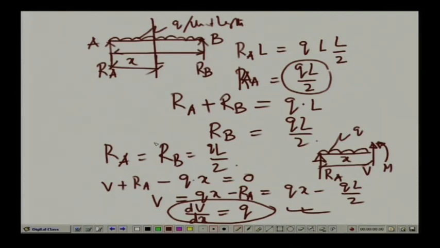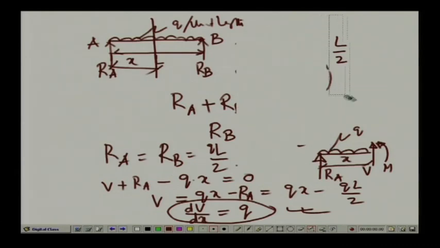Now, if we compute the moment at this particular point, let us remove this. If we compute the value of the bending moment, taking moment about this particular point, then we have moment M in an anticlockwise direction.